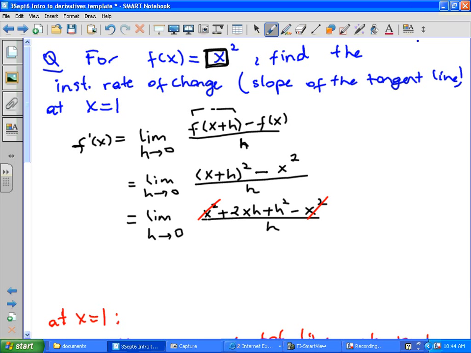So what should I do? I have 0 over 0. Well, how can I simplify it further? Yes, Daniel? Exactly. Let's pull it out. Let's factor out an h.